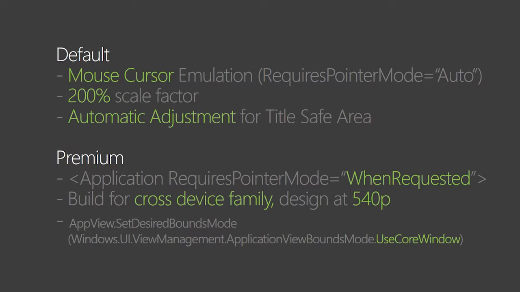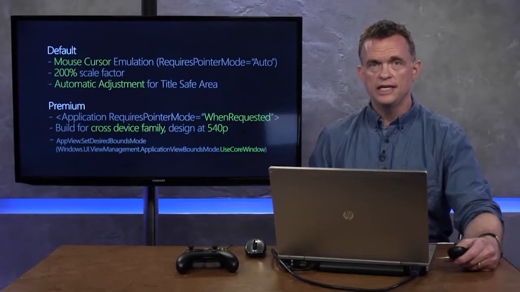What that means is it's sort of like if you ever used the web browser on Xbox One, you're getting that cursor that you can use to click buttons and interact with list boxes and whatnot within the app. By default, you will get the 200% scale factor, and the platform will either pillowbox or letterbox your app, sort of squeeze it into the visual area of the TV automatically for you by default.